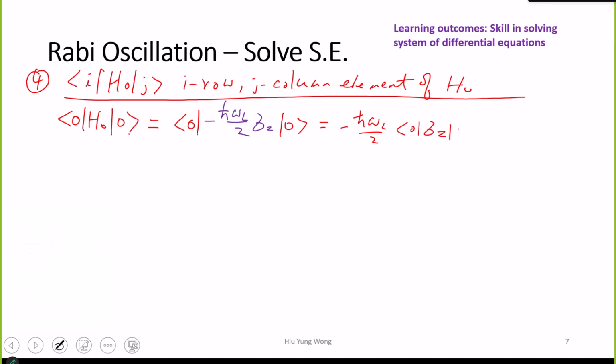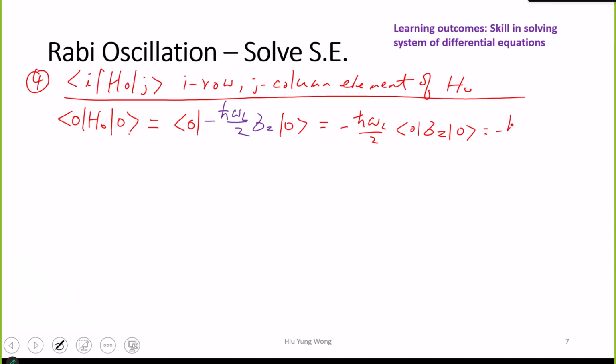sigma z 0, right? How are you going to evaluate this one? What will you do when you see this? You probably will get panicked if you are not familiar with it, right? What will you do? What will you substitute? Put in what value? The vector, the matrix, right? You can just put in the matrix.